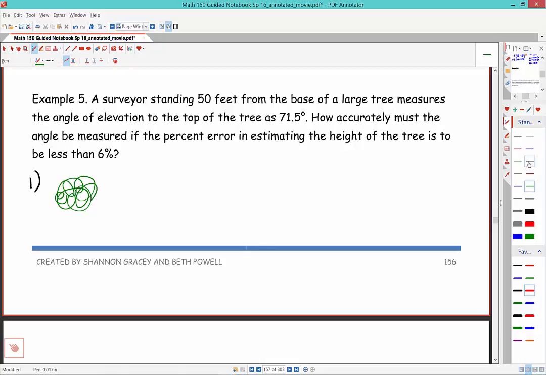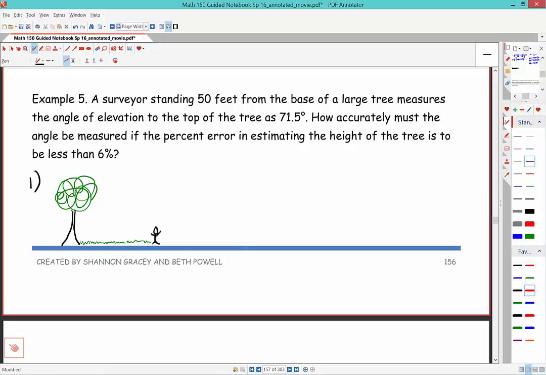This is why I was not an art major. And then we've got the grass. And then here's the guy. This is going to be 50 feet away.